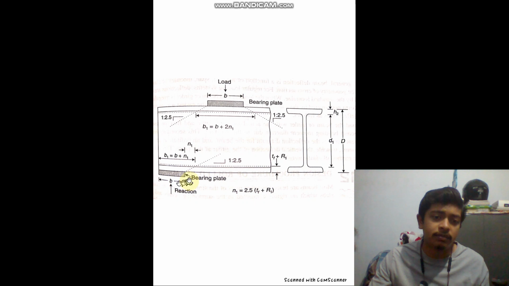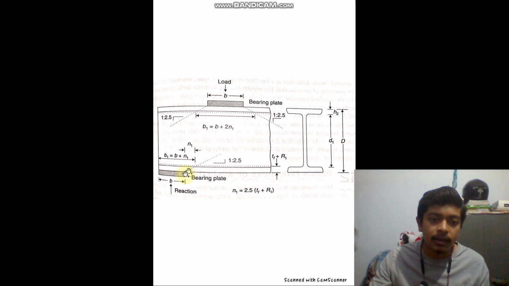Say the base plate here has a width B, and one thing we have to assume is that the load is transferred at a slope of 1 to 2.5. If I go one vertical up, it will go 2.5 horizontal. That is how we assume the load is distributed.